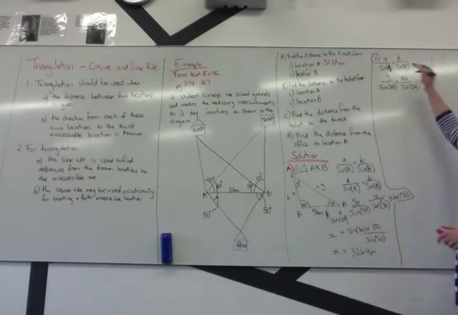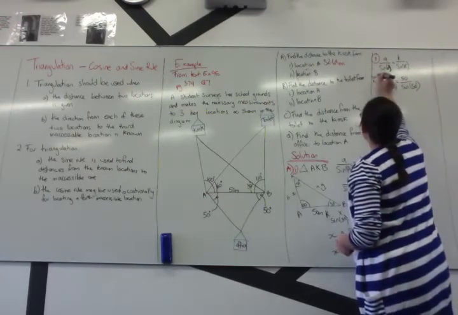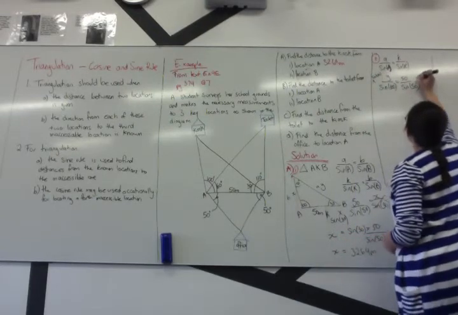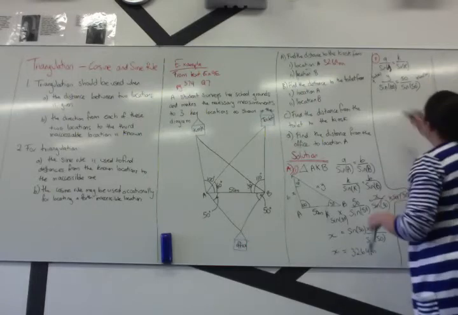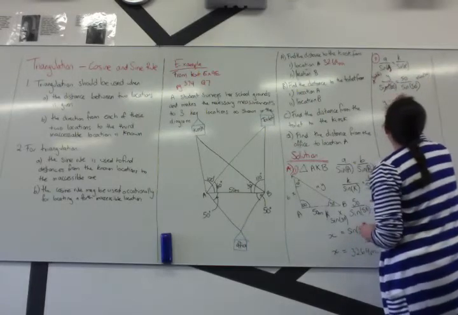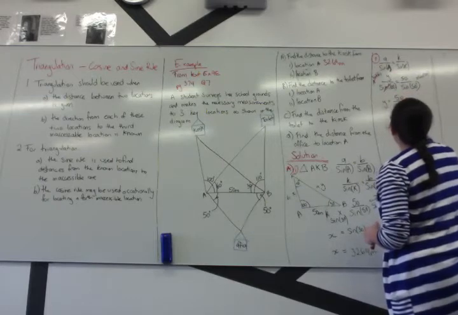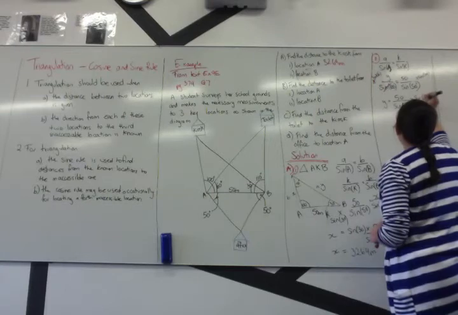So, how do I get Y by itself? Times it by the sine of 100. We end up with Y is equal to 50 over the sine of 50 times the sine of 100.